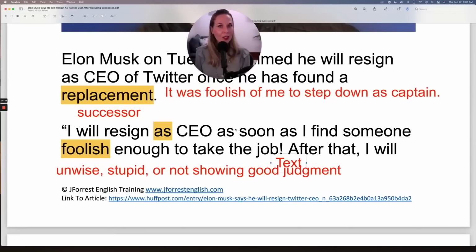So it's a way of saying I regret my decision. Now, a lot of students have this fear of speaking because they think that they're going to sound foolish or look foolish.